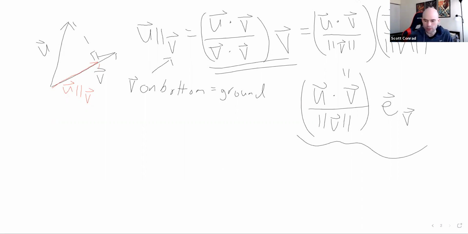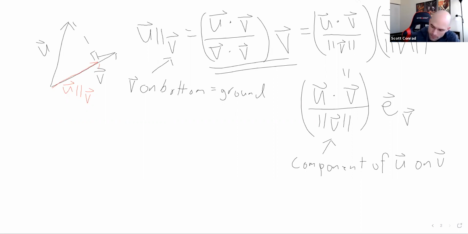I find this the easiest way to remember it. This guy here, U dot V over magnitude V, that's the component of U on V. Make sure it's obvious that is a V there and not another U.